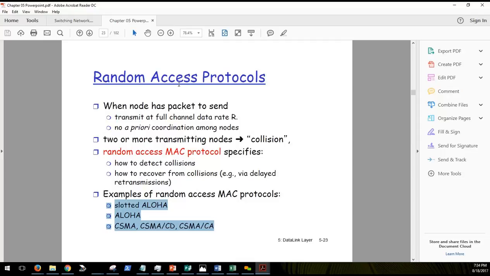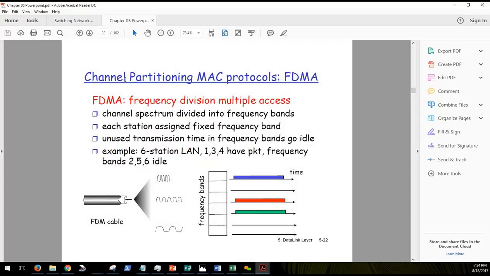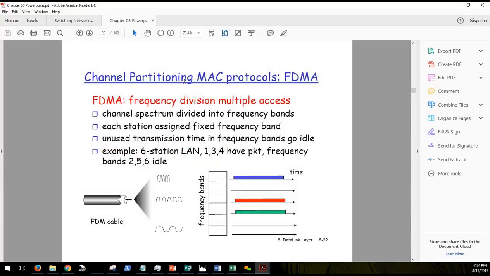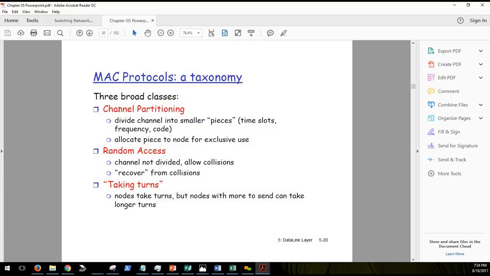These are all random access protocols. Then you've got channel partitioning. If you recall, we've got those three here: channel partitioning, random access, and the one we haven't talked about yet, taking turns.